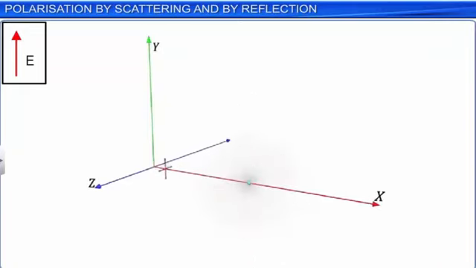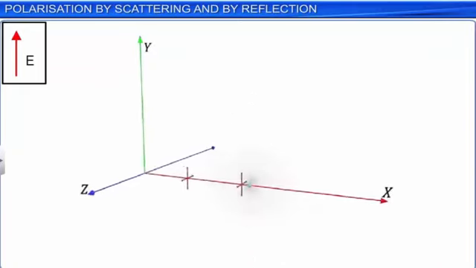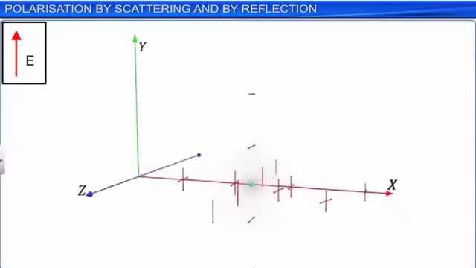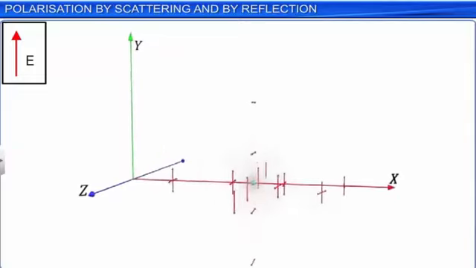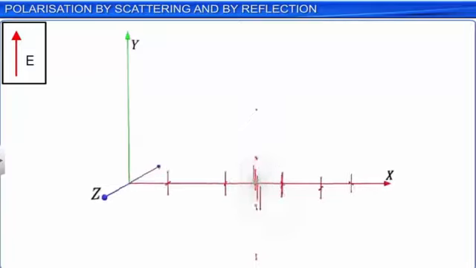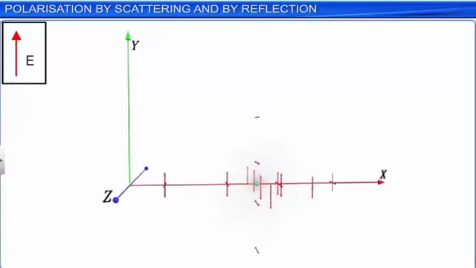If we consider an observer situated along the direction perpendicular to that of the propagation of light, he observes the light to be completely polarized. If the observer is situated along the direction of the z-axis, then the scattered light received by him is y-polarized.